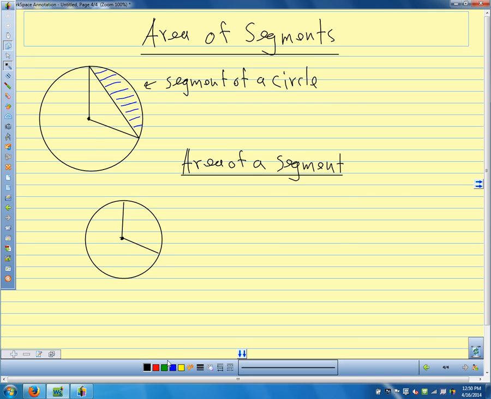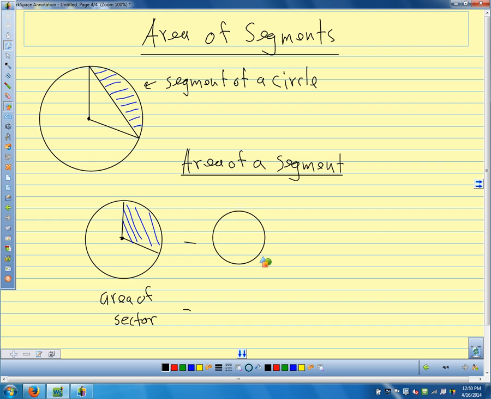And I'm going to shade that in. We're going to take the area of the sector, and we're going to subtract. I'm going to put a minus sign there, so we're kind of making a little symbolic equation here. We're going to subtract the area of the triangle.